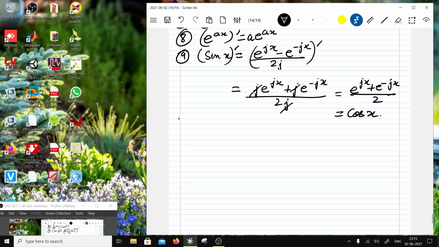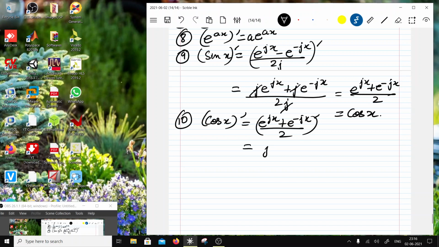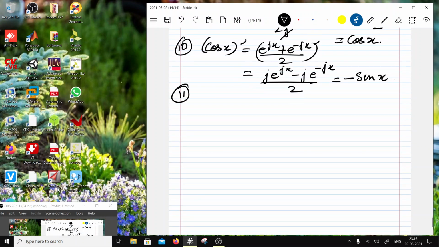Then I have got cos of x derivative. So this is e raised to jx plus e raised to minus jx by 2 derivative. So this will be equal to j e raised to jx minus j e raised to minus jx by 2. So this is equal to minus sine x. Okay, 11. So we have done that.